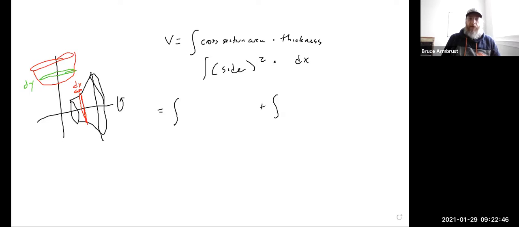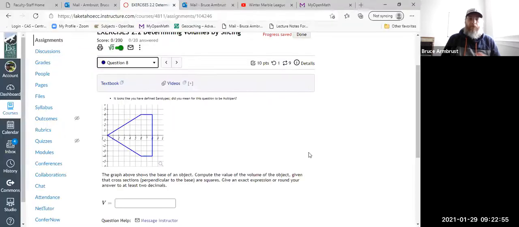Let me go back to that picture real quick. All right, so the first integral is going to go from 0 to 6. And to get the length of this square, we need to know basically a formula, some sort of function to give us that height. Well, that height is going to be a difference in the equations of those 2 lines.